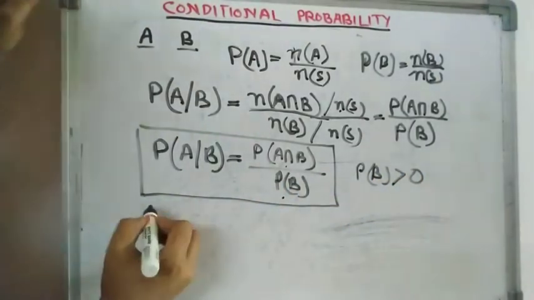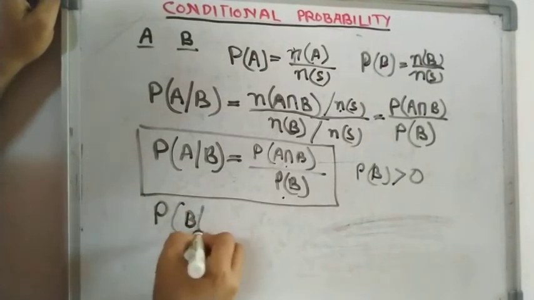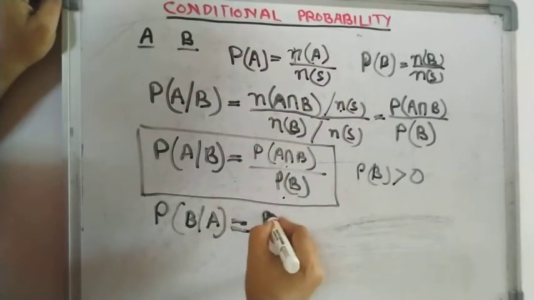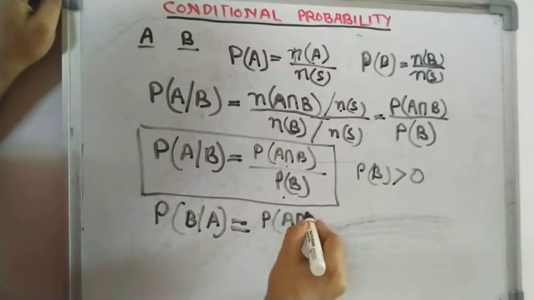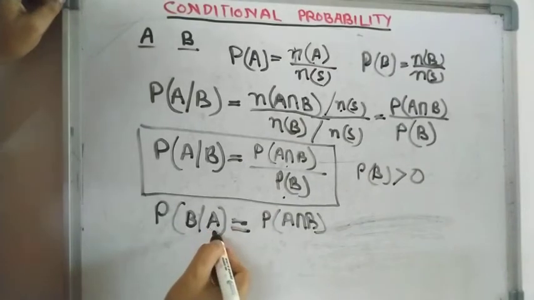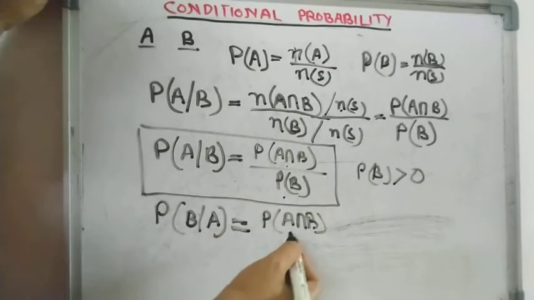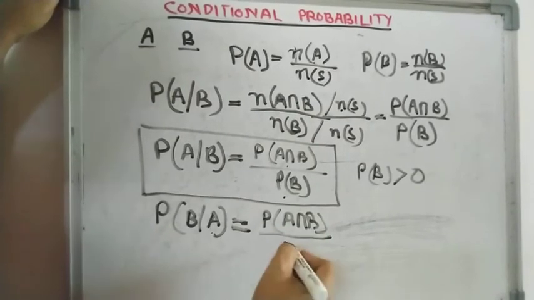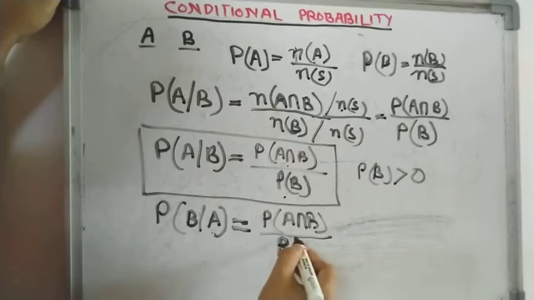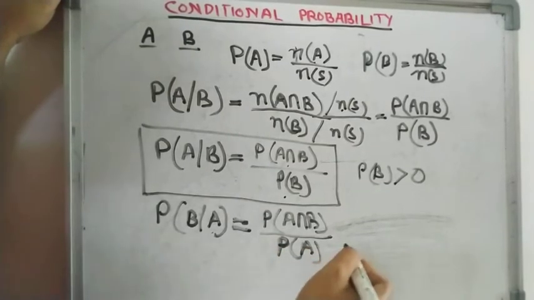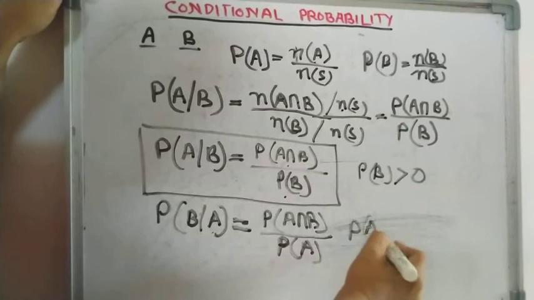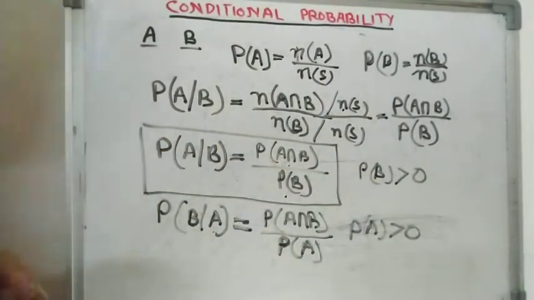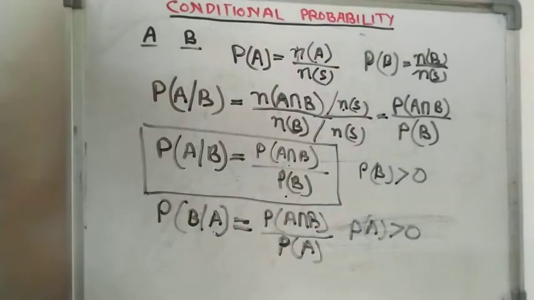And same for probability of B given A. By the definition of conditional probability, it will be probability of A intersection B divided by probability of A. Here A is given and you are asked to find B, so it comes from the intersection part, and A is given, that means this is our total cases. Same, provided that probability of A is greater than 0. So this is the definition of conditional probability.